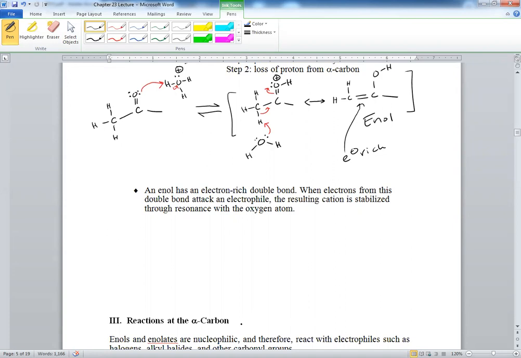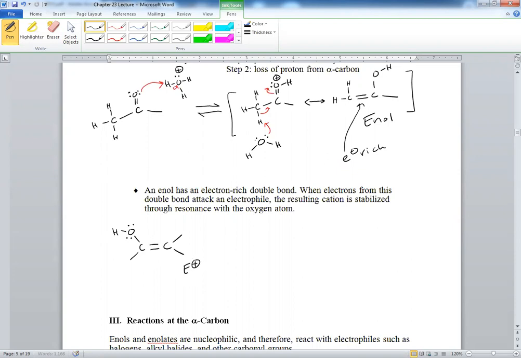So once again, we're going to repeat doing this because it's important. Let's redraw it this way so it makes sense here. And let's say we have an electrophile.